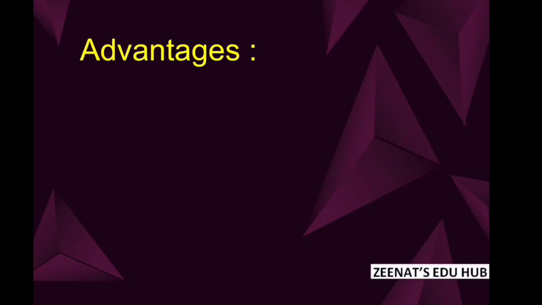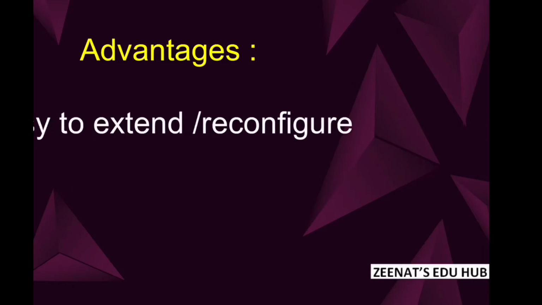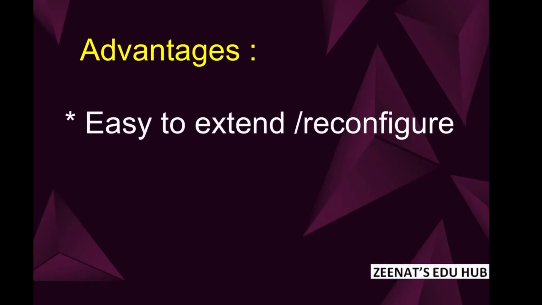Advantages of star topology are: it's easy to extend or reconfigure. It's simple to add new nodes or remove nodes without affecting any other nodes, as it has a number of concentration points where connections can be given easily.